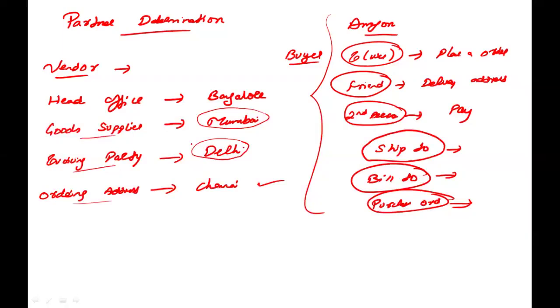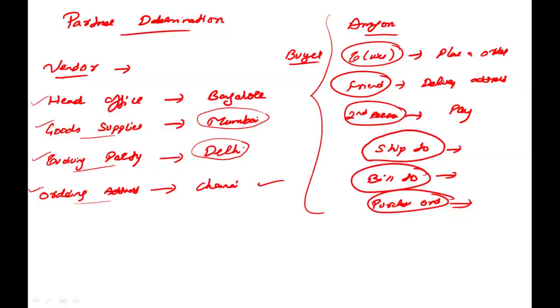So if a vendor is operating from different places all over the world or all over India, then partner determination comes into the picture. Now you have different categories of places for the vendor here. The addresses are completely different. The head office address is in Bangalore, the goods supplier address is in Mumbai, the invoicing party address is in Delhi and the ordering address is in Chennai.